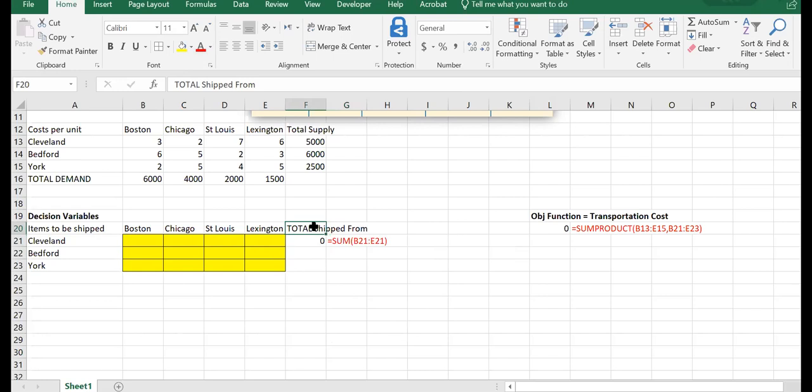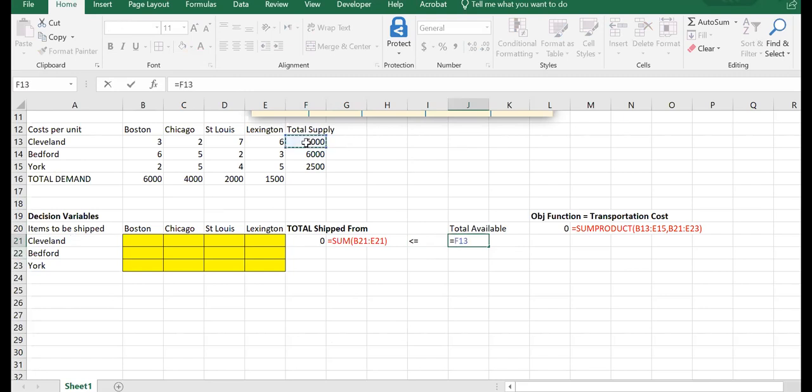So the total that is shipped from each supplier should be less than or equal to the total available by each supplier. And the total available by Cleveland is 5,000 total supply. All right.